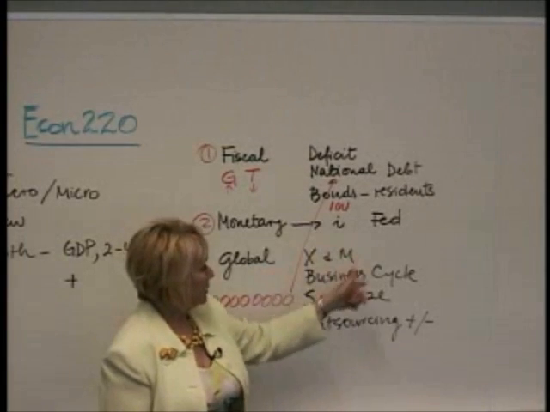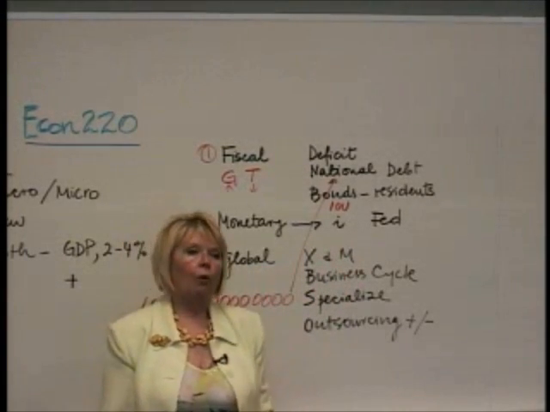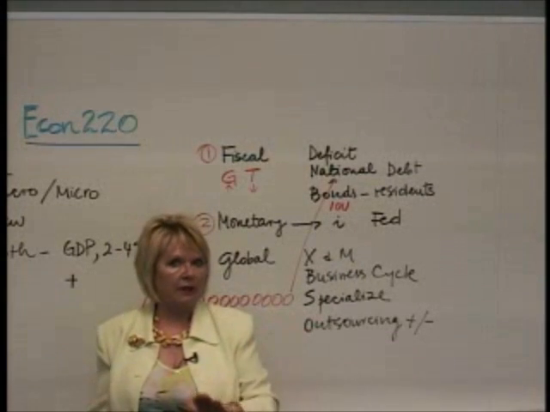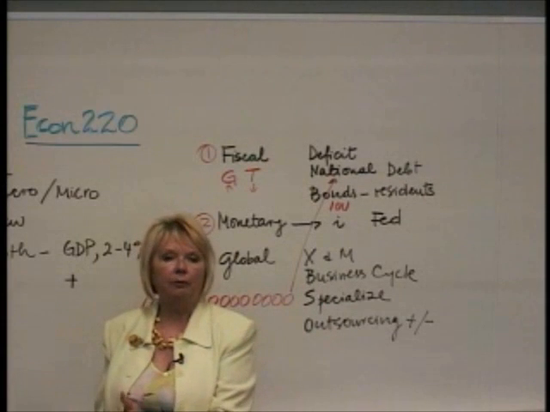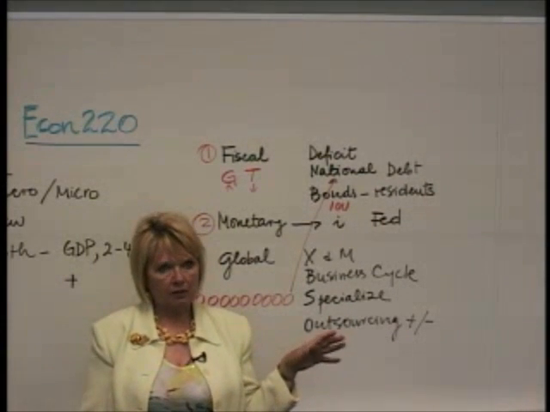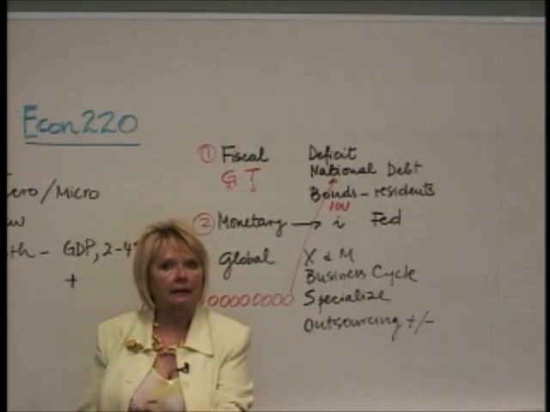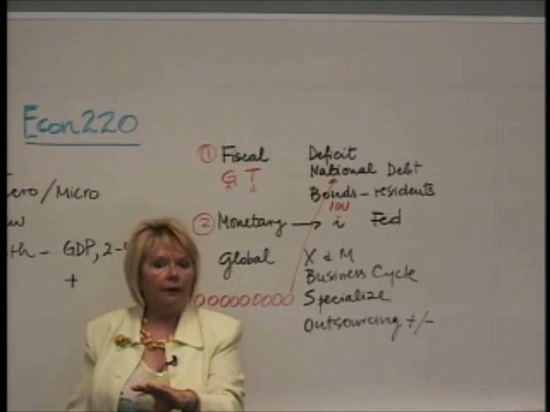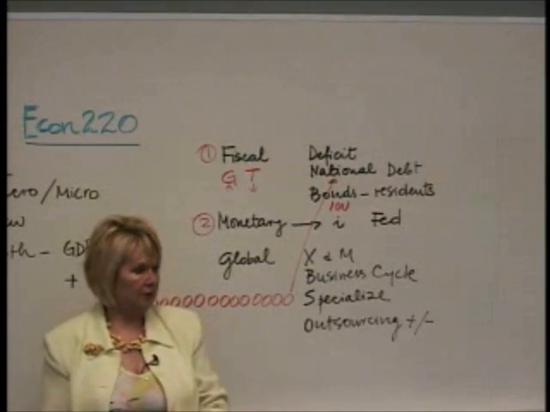Now this, as I just mentioned, is also going to be affecting the business cycle, or the growth or the slowdown of the economy, which is really what we talk about when we talk about the business cycle. How much is the GDP growing? That's an expansion. And how is it contracting, slowing down? People are losing their jobs, and that's going into a recession.